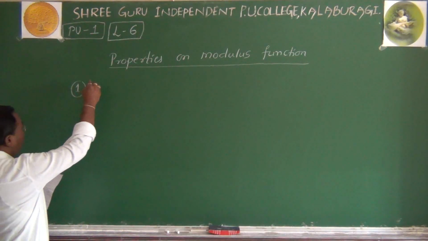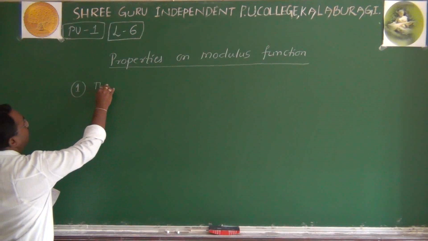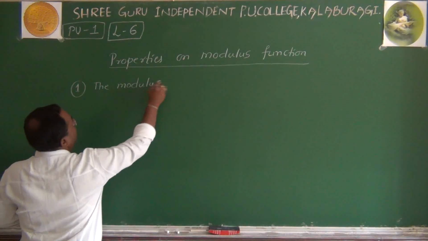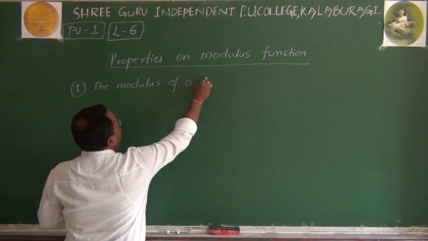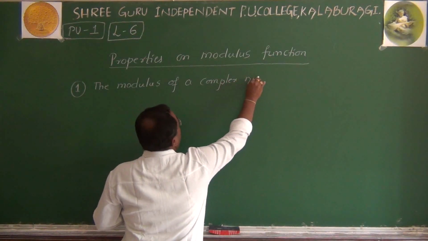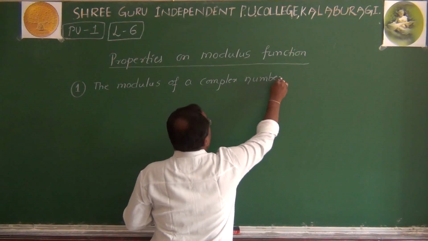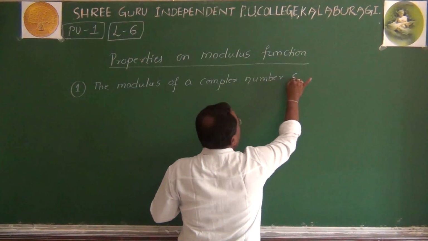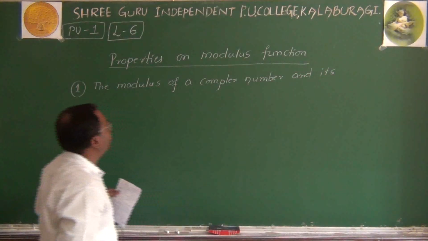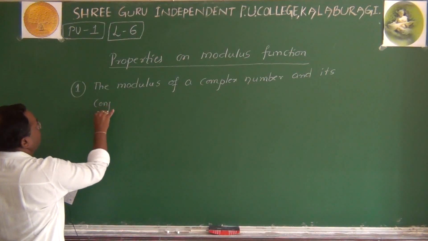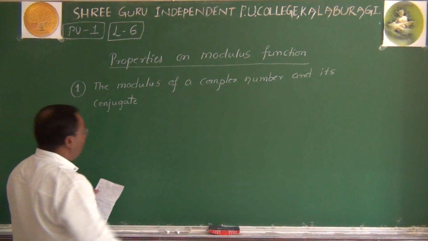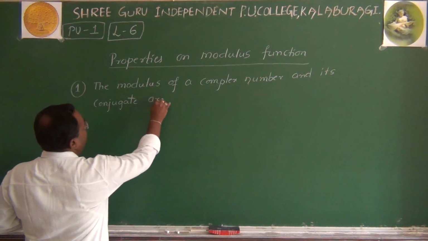First one: the modulus of a complex number and its conjugate are the same.